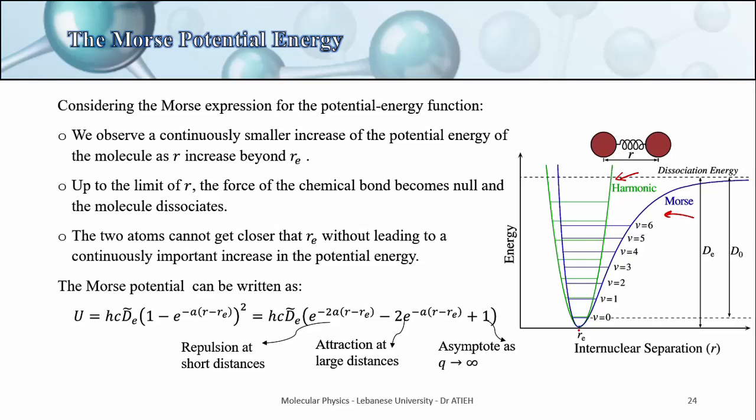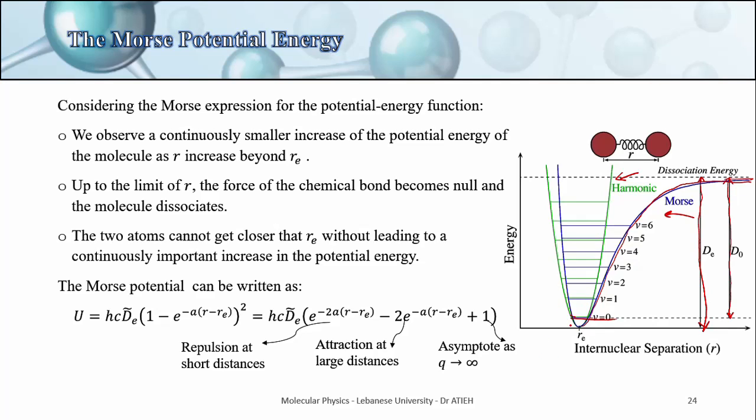You can see that there is an increase in the potential energy, but it increases up to a limit. The limit is the dissociation energy. DE is defined as the energy to the bottom of the well, while D0 is defined as the dissociation energy till the level nu equals 0.